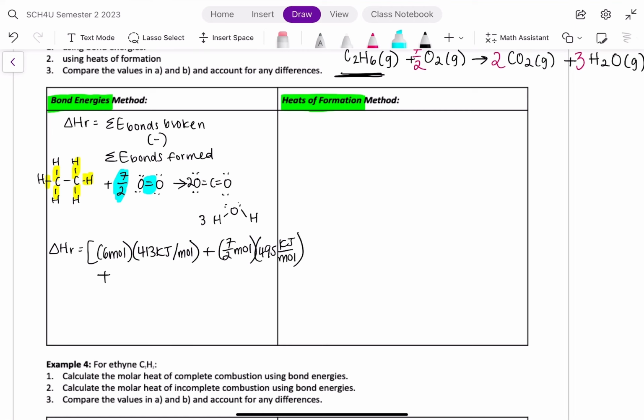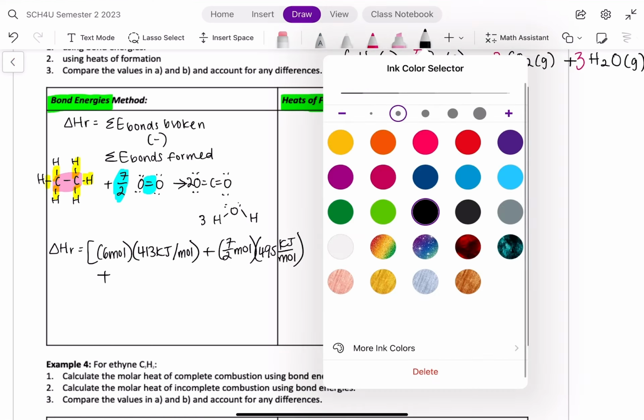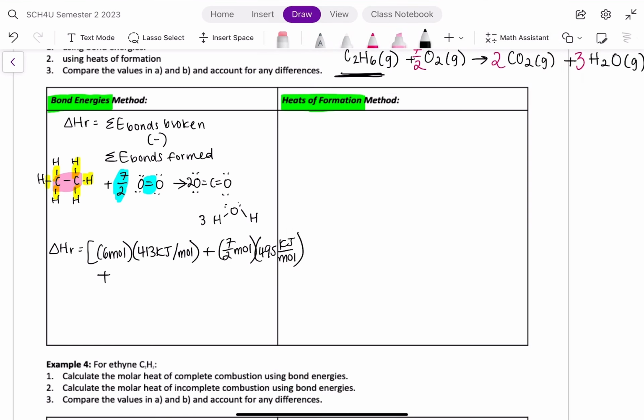Plus, I'm missing one more that I actually forgot about. There is a bond between the 2 carbons on your ethane. So there's 1 mole of that, and the bond energy is 347 kilojoules per mole.